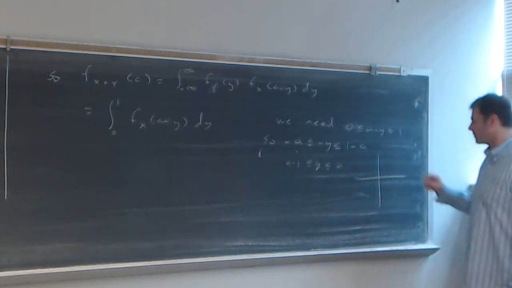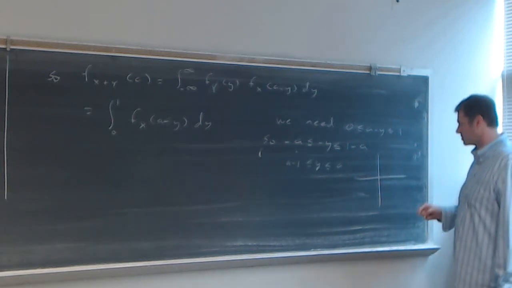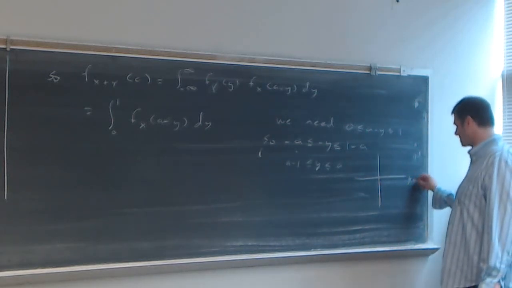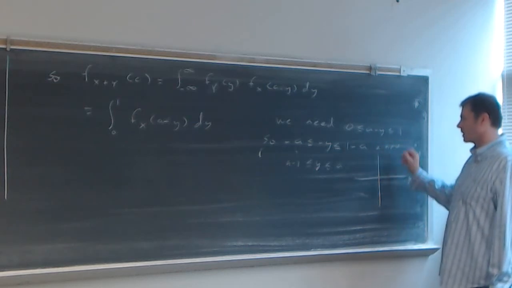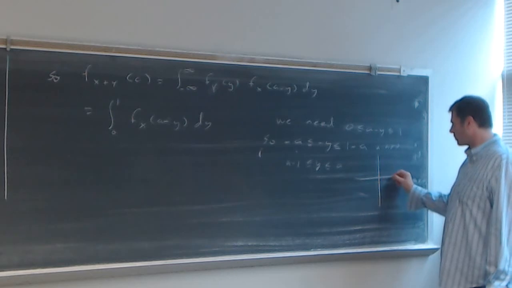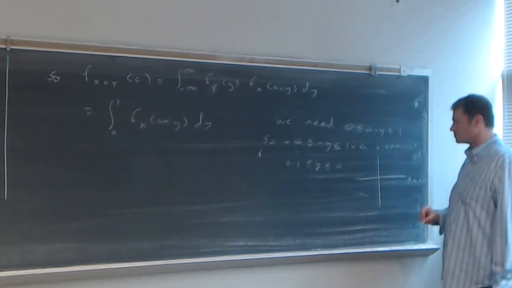So if I think of pictorially what this is, when I just look at y, so here's the y-axis, is what I'm looking at. Here's the a-axis. So again, y runs from 0 to 1.